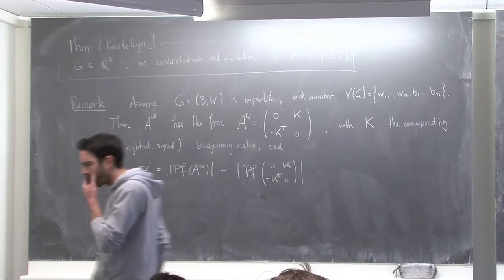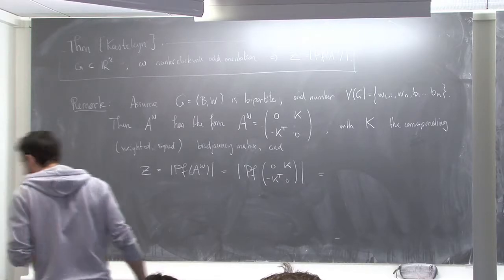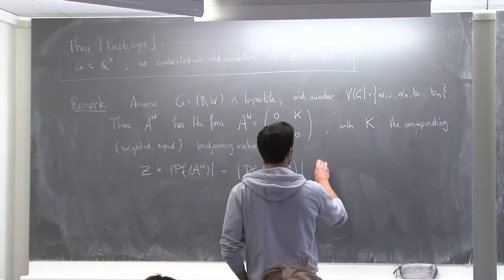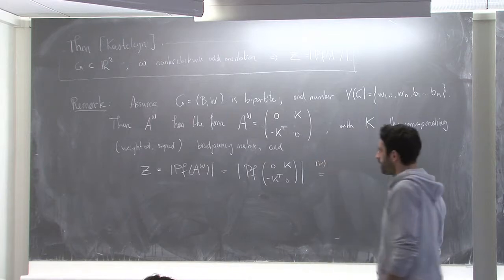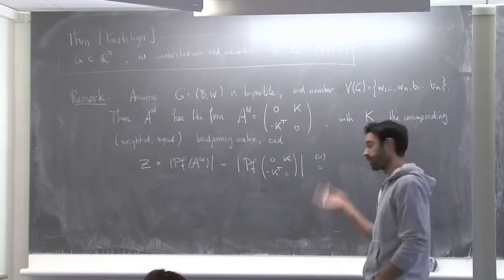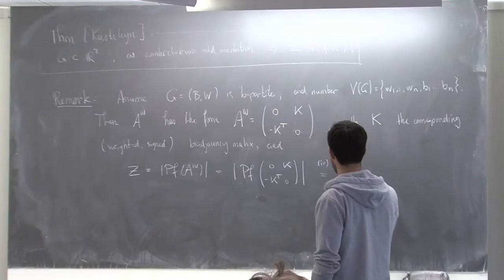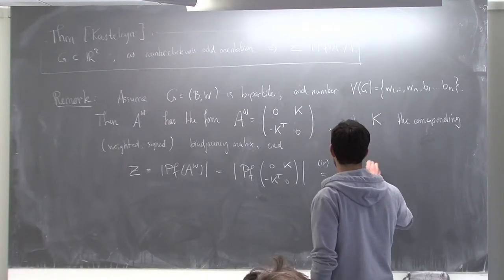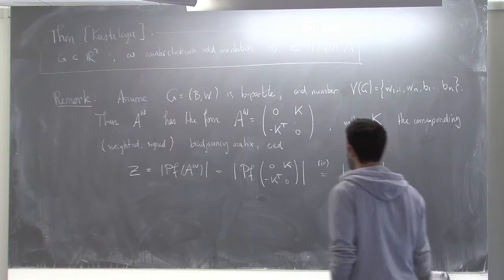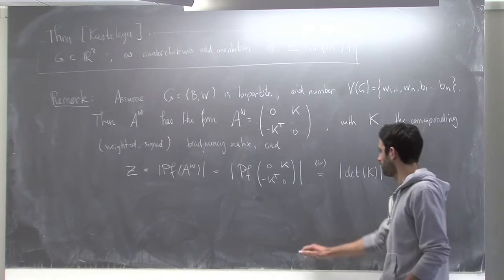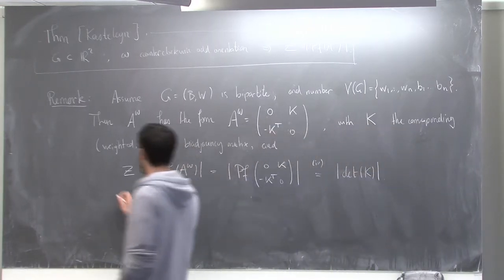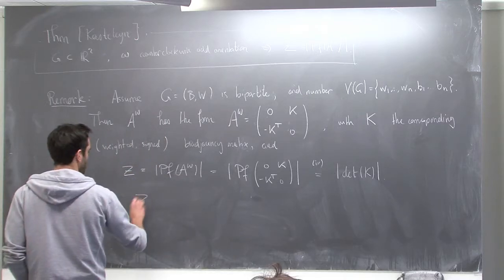And we saw, in property number 4 of Pfaffians that I had talked about last week at the very beginning of the class, this is the same up to a sign as the determinant of K. So what do you get?